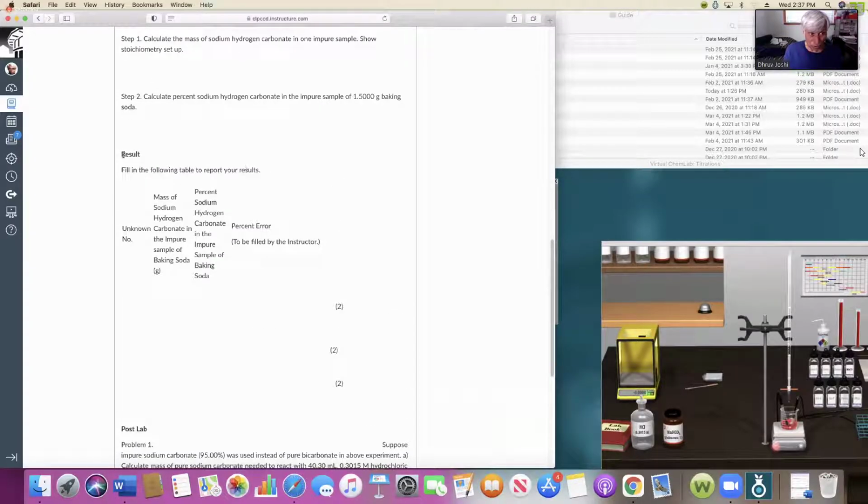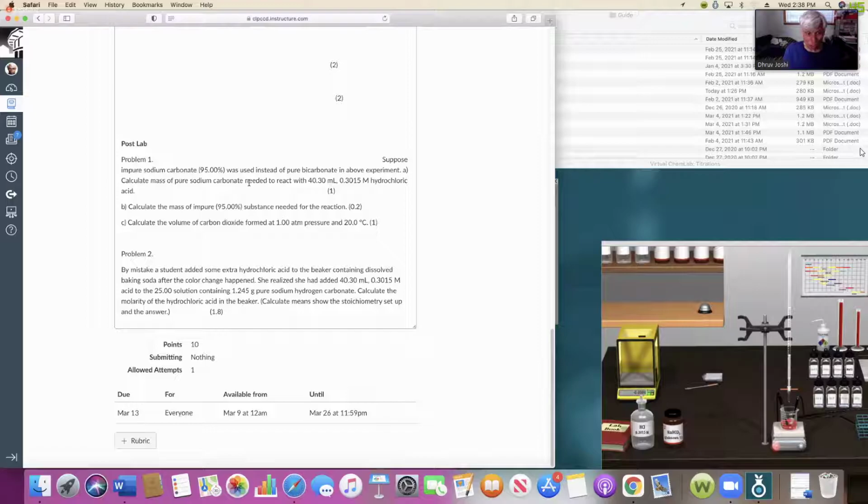This is the result, so you say result on top like that. So you show your percent. You say step 2, percent calculation, percent sodium hydrogen carbonate calculation. That's your heading. And then underneath you show one calculation only, not all 3. And then the results that you get, you are going to write down in a neat table like this.